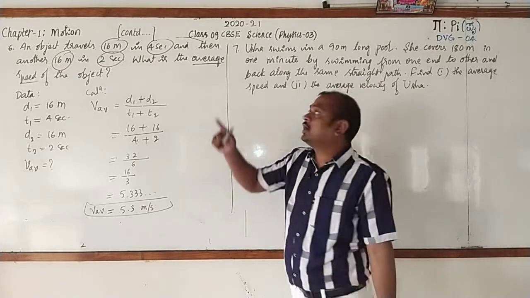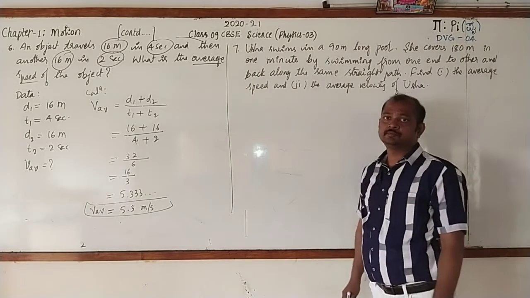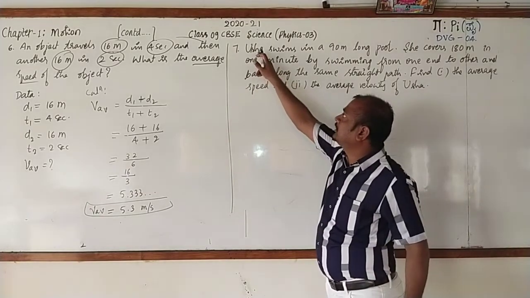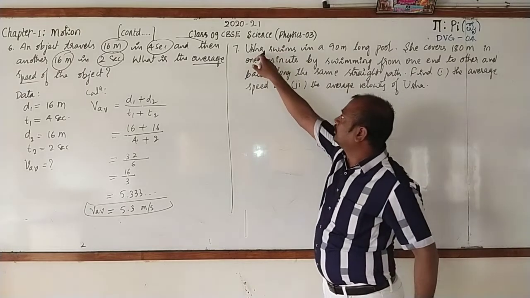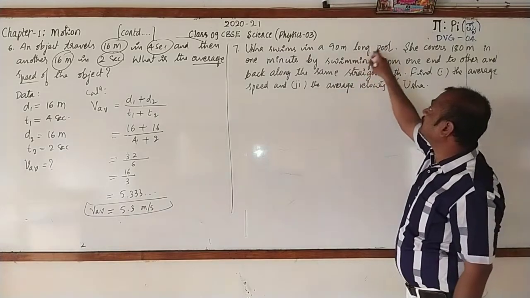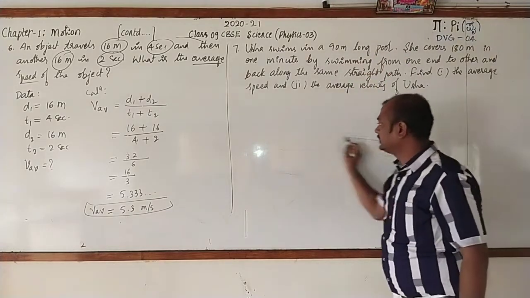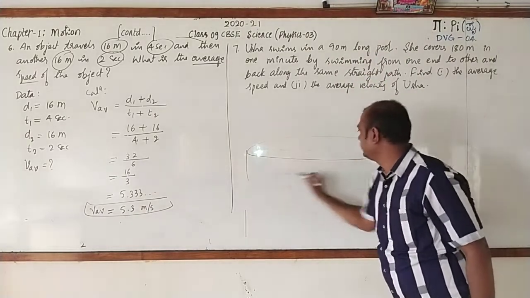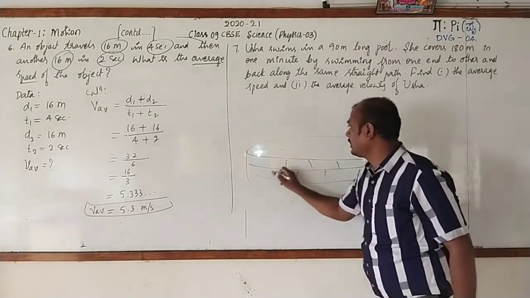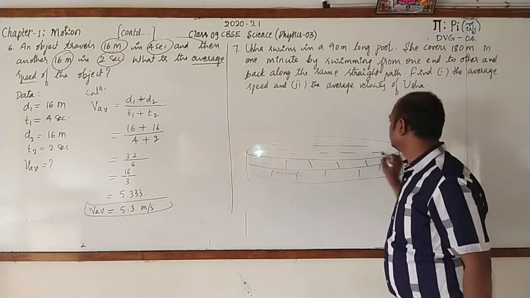Next, concentrate on the 7th one. This is also a very simple one. See that. Here they have given a person, Usha. Usha swims in a 90-meter long pool. See, this is the pool, and here is the water.